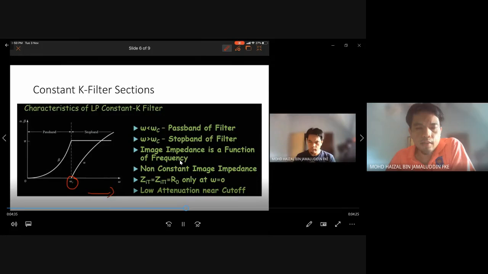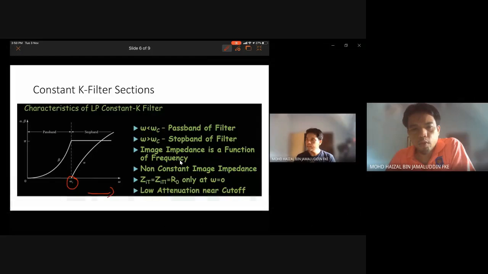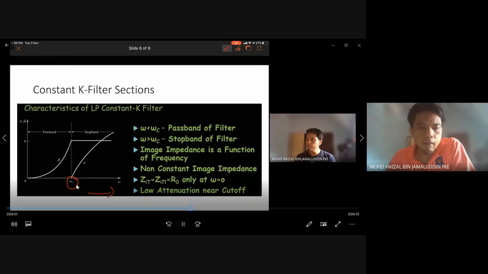What this means is that the impedance is changing. For example, you want it maintained at 15 ohm, but it changes when the frequency changes. So this is the normal graph of the constant K filter.